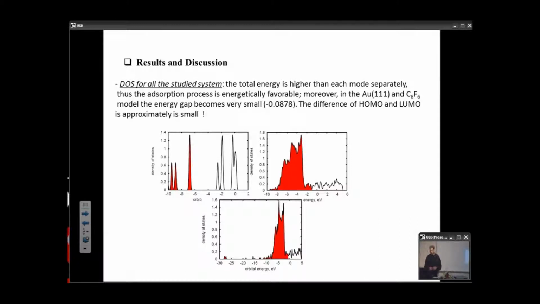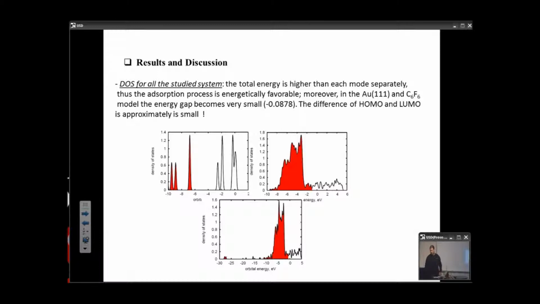We did this calculation, and we got the density of states for the whole system. The first picture shows the density of states for C6F6, hexafluorobenzene, and how the HOMO and LUMO are separated by a high gap.